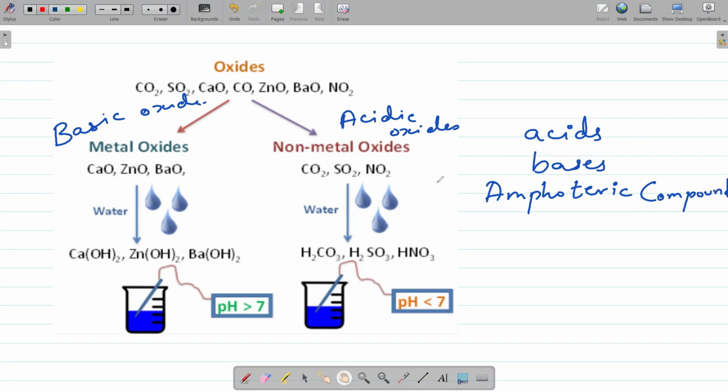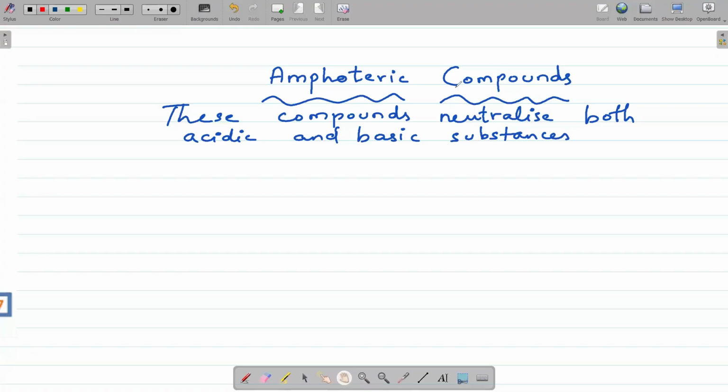So we saw that neutral oxides do not react with acids or bases. But amphoteric compounds react with both acids and bases. So amphoteric compounds neutralize both acidic and basic substances.